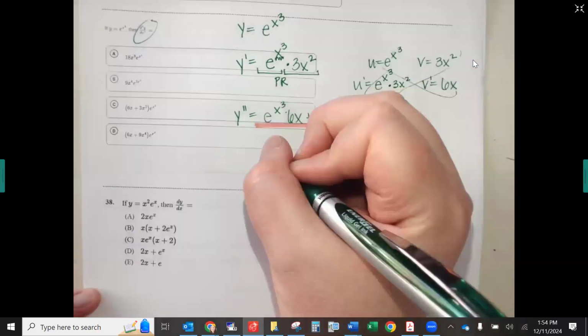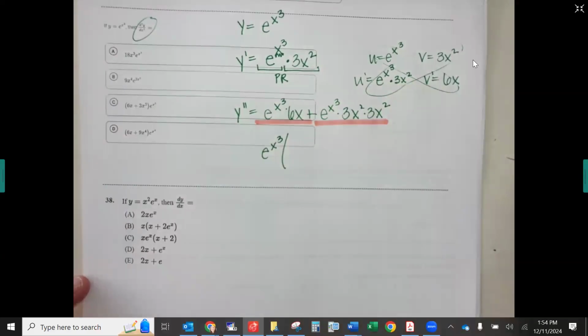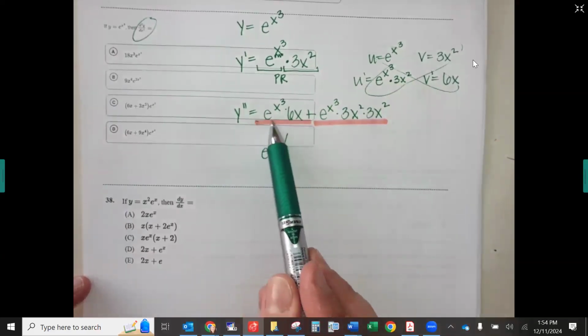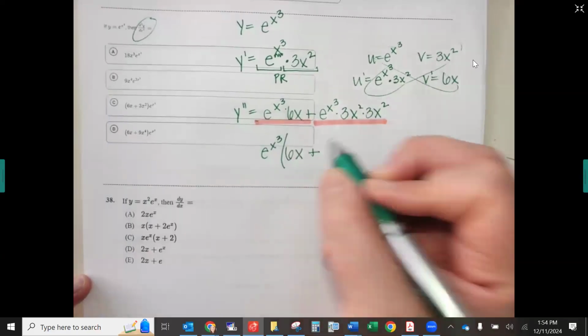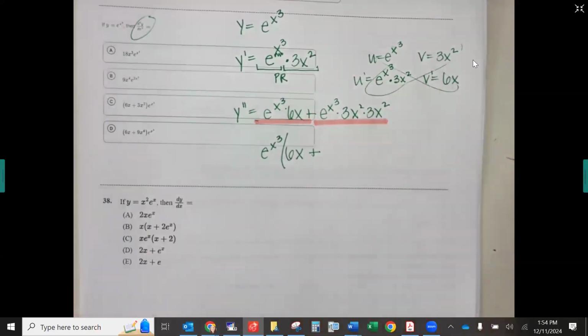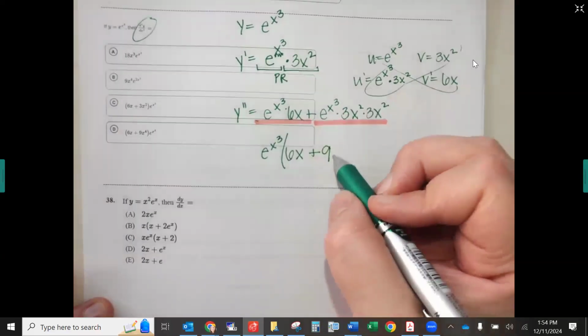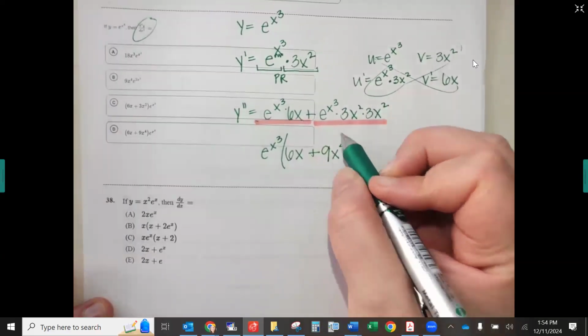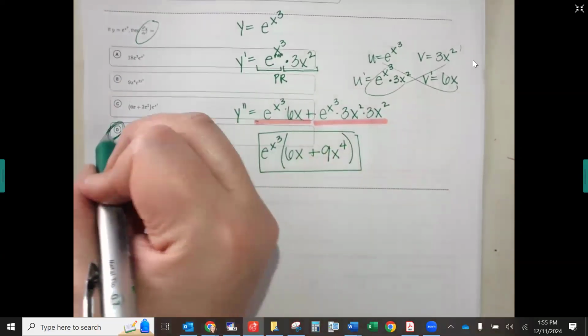So take your e to the x cubed out to the front. What's that going to leave you with from this first term? 6x. And then from the second term, if I take the e out, I'm still going to have a 3x squared times another 3x squared, which is how many? Multiply. 9. Okay. We feel like we can do that?